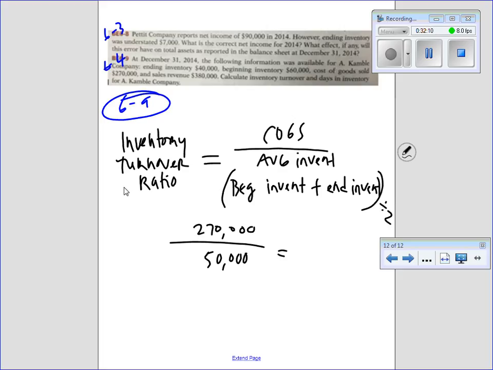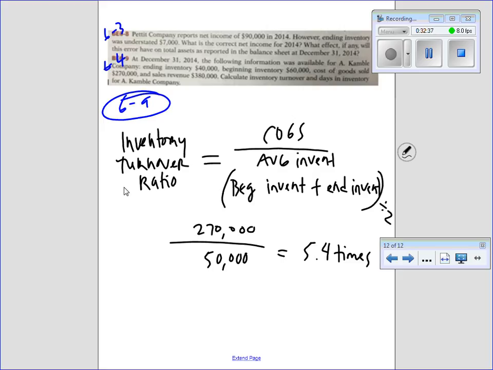How many times is it turning over? 5.4. How did I get 50,000? What does that mean? What was my beginning inventory? 60 plus my ending was 40. So $100,000 divided by 2 would be the 50,000.